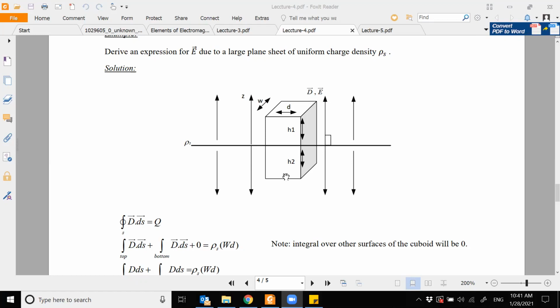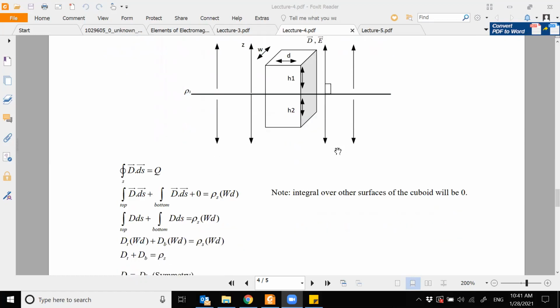So it's a hollow cuboid. To have the charge enclosed in the closed surface, we keep it half up and half down, so that part of that infinite sheet, which is carrying the uniform charge density rho s, will be included in that cuboid.